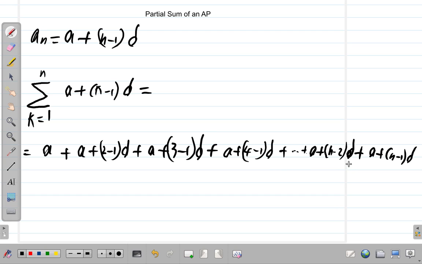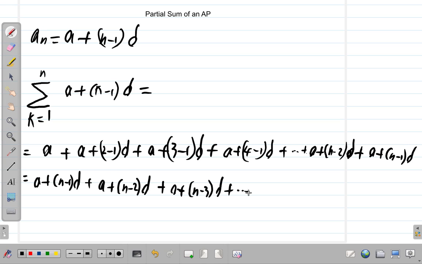Now remember, what we do next is to write the last term first and put it under the a. So if we repeat this using the last term first, we have a plus n minus 1d, alright, plus a plus n minus 2d plus a plus n minus 3d plus, and so on and so forth.